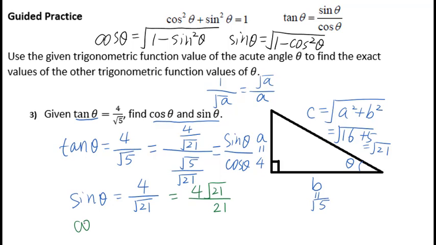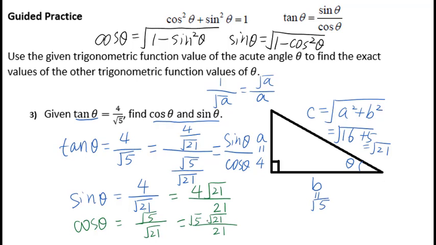For cosine theta equals square root of 5 over square root of 21. For the top number, square root of 5, we cannot do anything about that. Therefore, for square root of 21 as denominator, I can write down square root of 21 over 21.